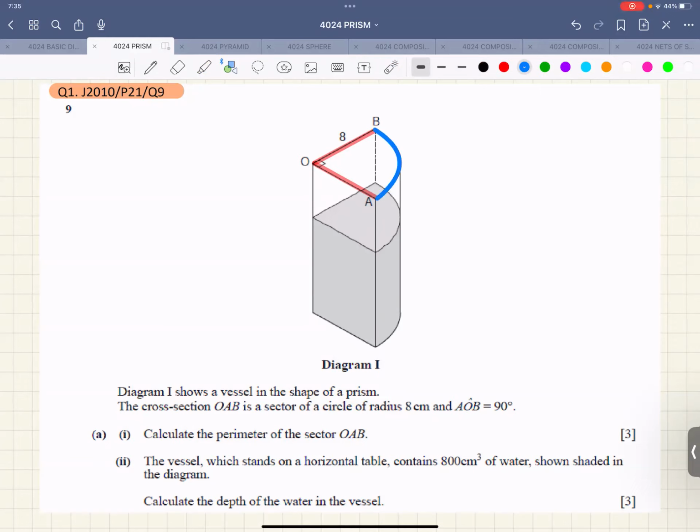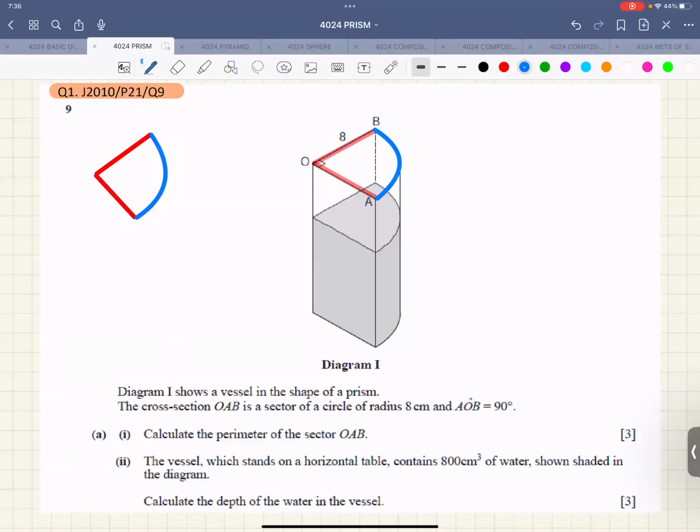Now, let me just draw this over here. Okay, so that's how this prism is drawn. Calculate the perimeter of the sector OAB. So let me draw this line over here, a bit bigger and in blue color.